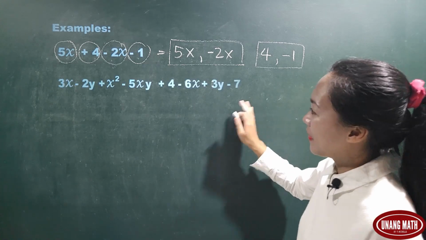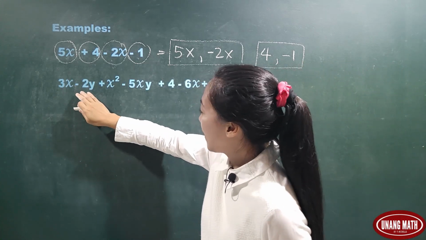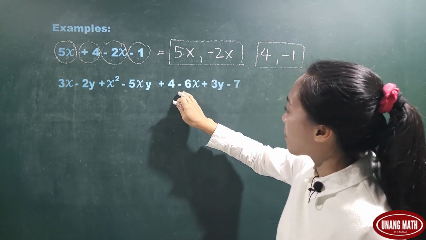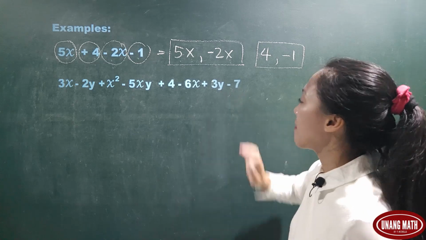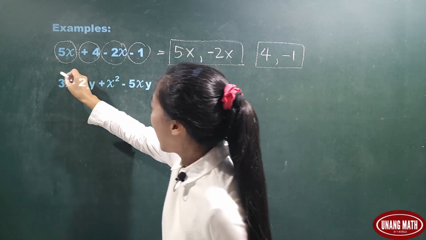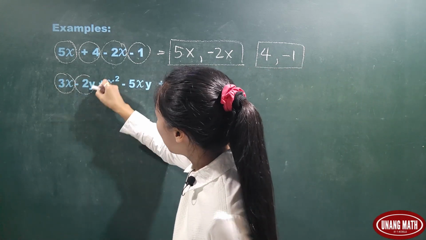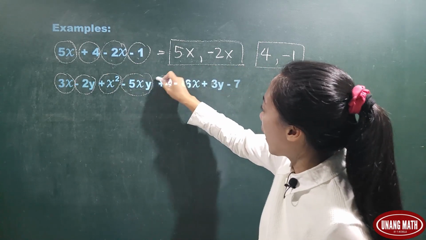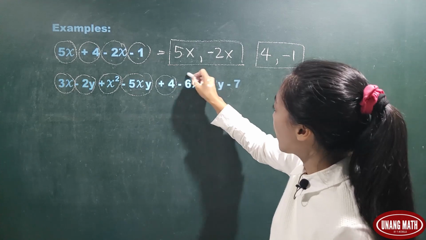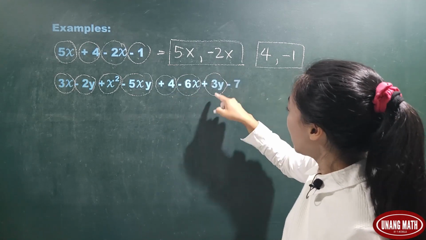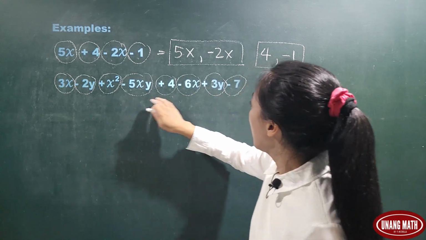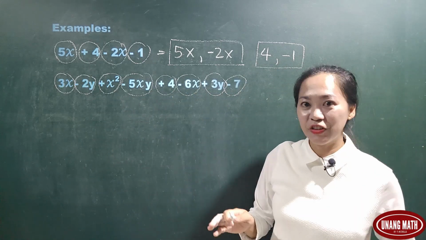Next example: 3x minus 2y plus x squared minus 5xy plus 4 minus 6x plus 3y minus 7. 3x is a term, negative 2y also, x squared, negative 5xy, plus 4, negative 6x, 3y, and negative 7. In this expression, we have 8 terms.